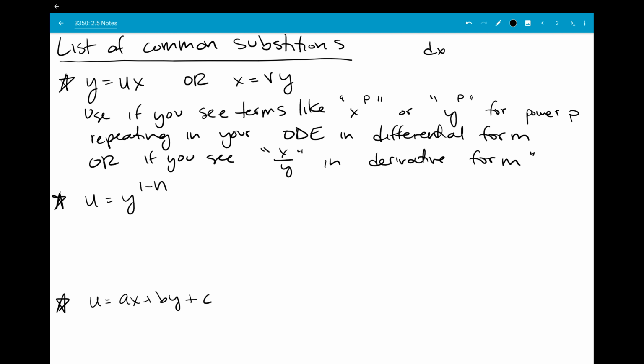Differential form is the thing we used a lot in exact equations, where you have dx plus dy equal to 0 and there's some stuff in front of everything. Derivative form is more like what we saw for separable and linear equations, where you have dy dx plus some stuff equal to some stuff.